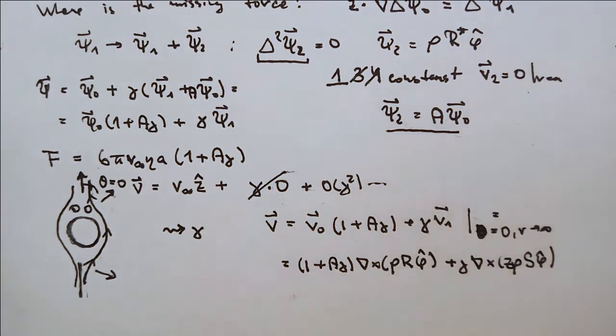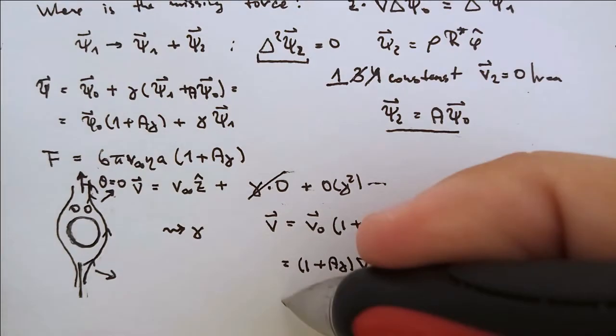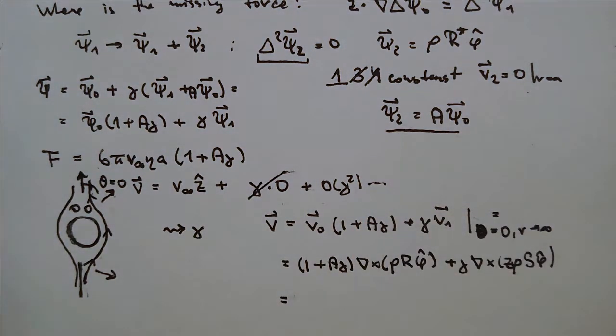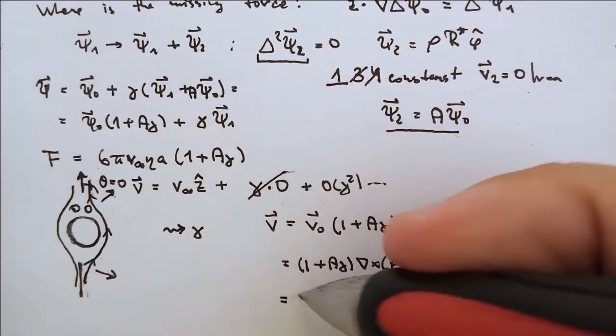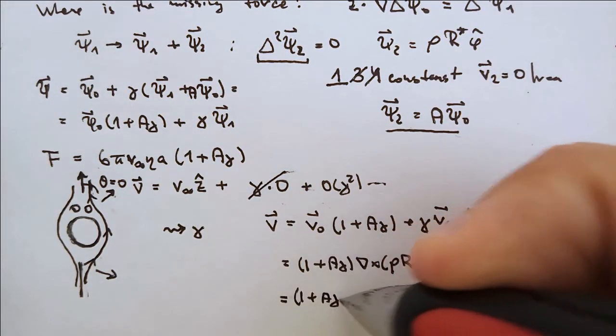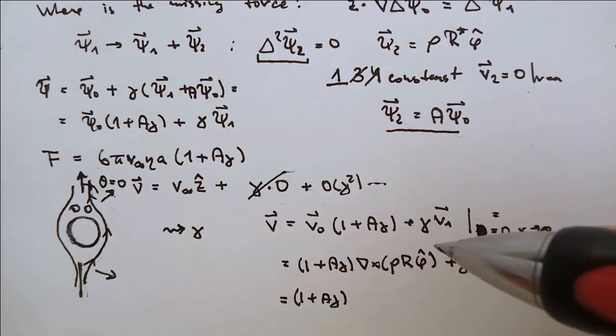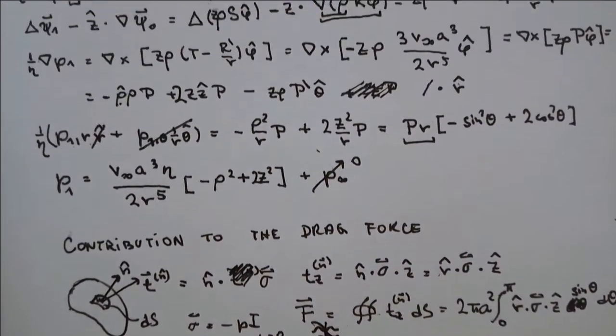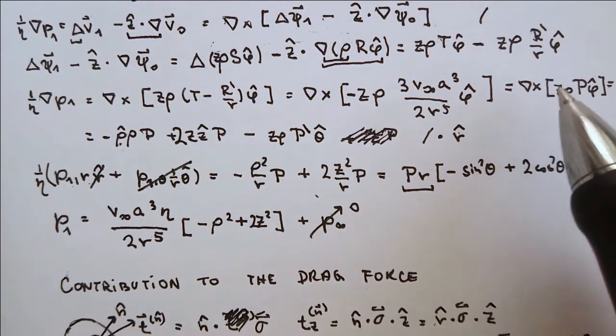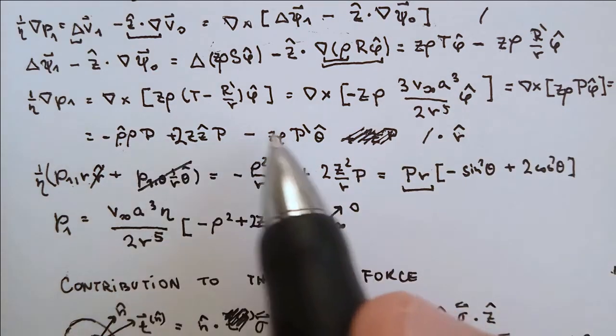This is the form of the solution, and if you compute the curl, it's very easy to do. It's 1 plus a gamma, and we have done it before, in the case of P, but with Z. So there is no this term.